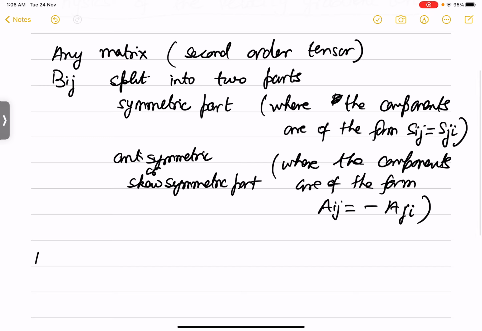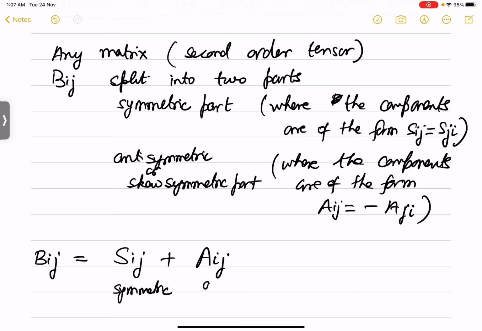So that means what we are effectively saying is we can write Bij as two parts, Sij plus Aij. Sij is the symmetric part and Aij is the antisymmetric or skew symmetric part.